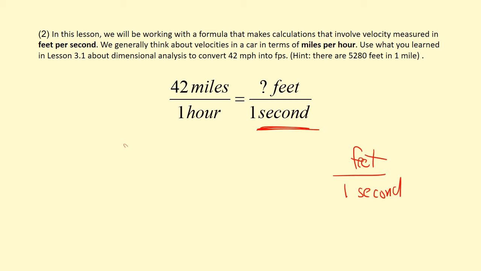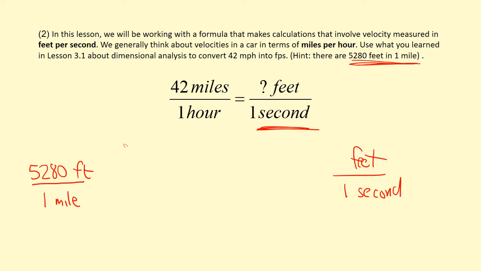Okay, so remember how this works. We want to start with a rate on the left here that has feet on the top. We're going to have to do some conversions to probably get the bottom. And we see right up here in the paragraph, in the question, it gives us a rate with feet. So we could start out with 5,280 feet and 1 mile on the bottom.